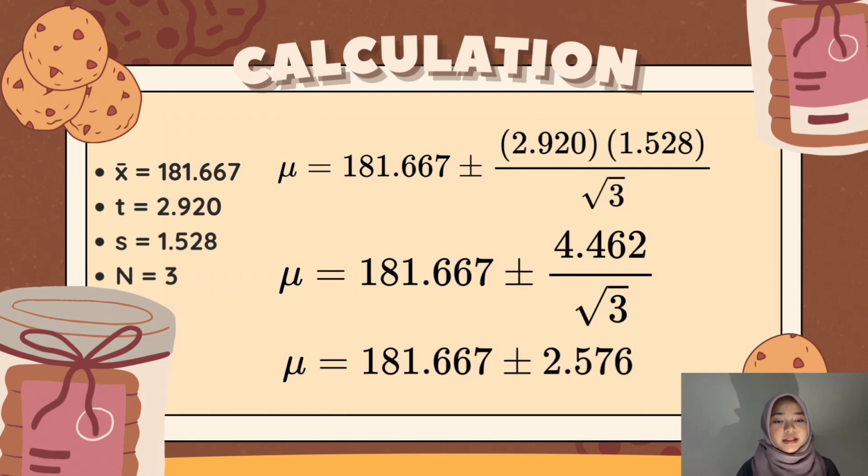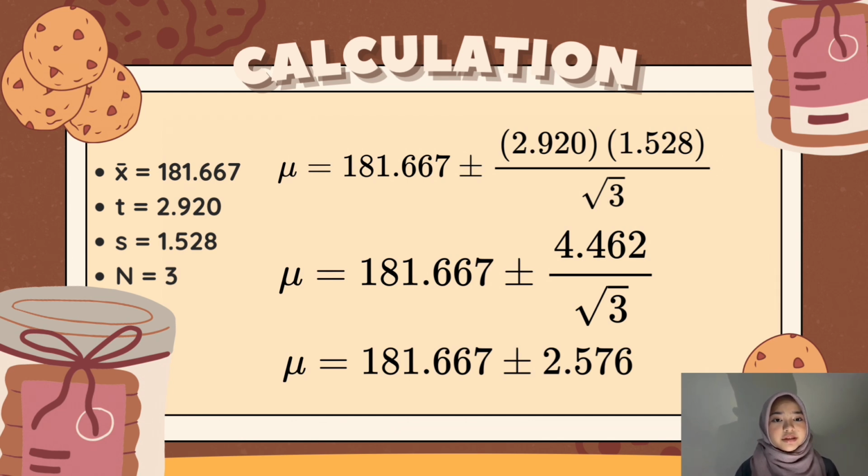So, we already have the values that we need. First is mean, which is 181.667. Next, statistical factor is 2.920. Next, standard deviation is 1.528. And lastly, the number of samples, which is 3.